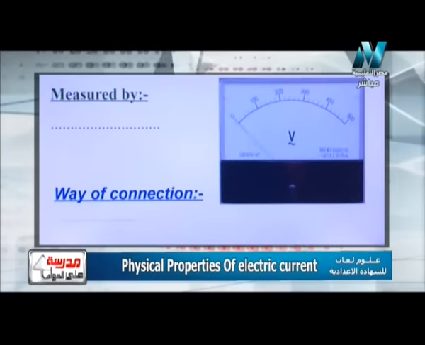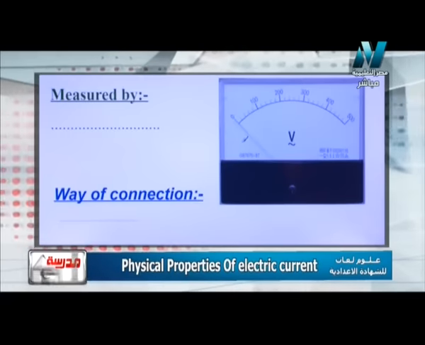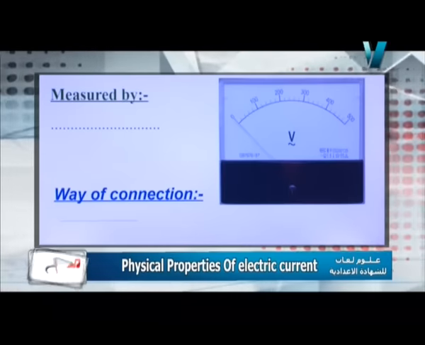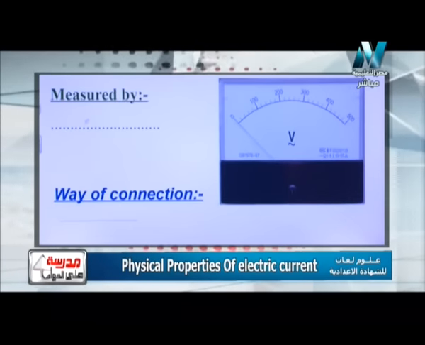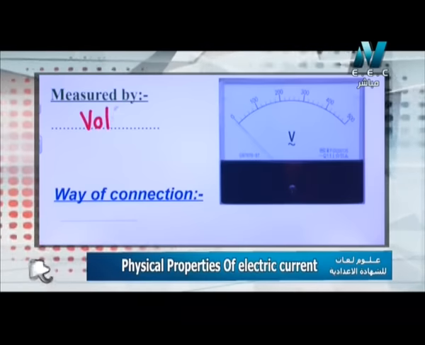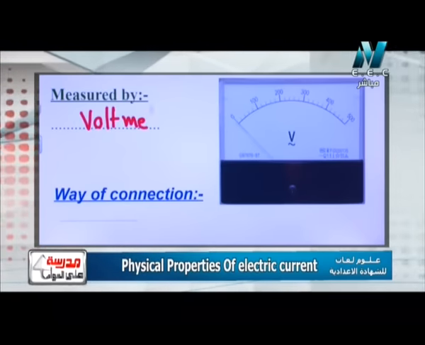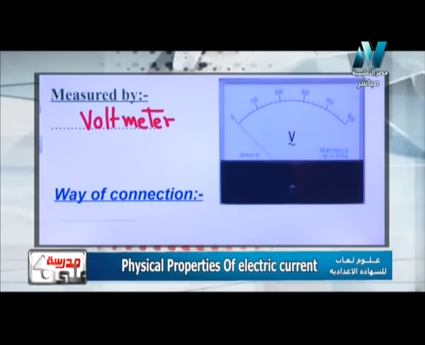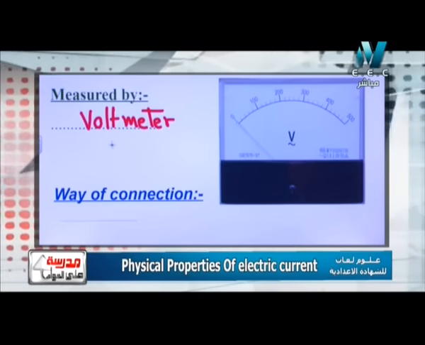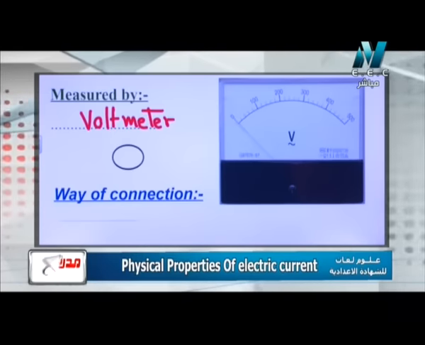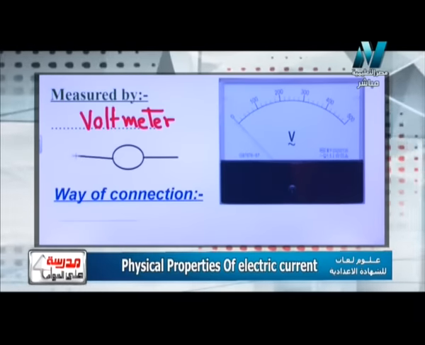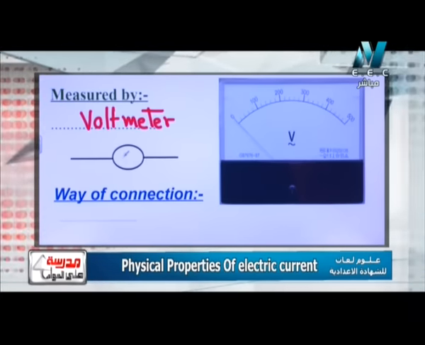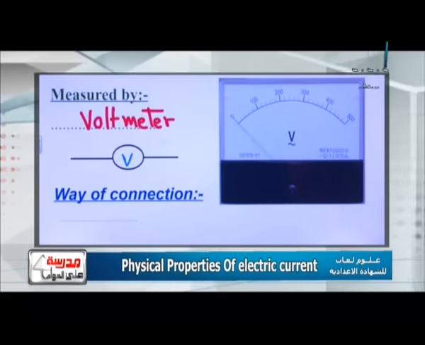So we have the device used to measure the potential difference is measured by voltmeter, and its symbol is a circle with 2 lines from each side, and inside the circle we have letter V, which means voltmeter.